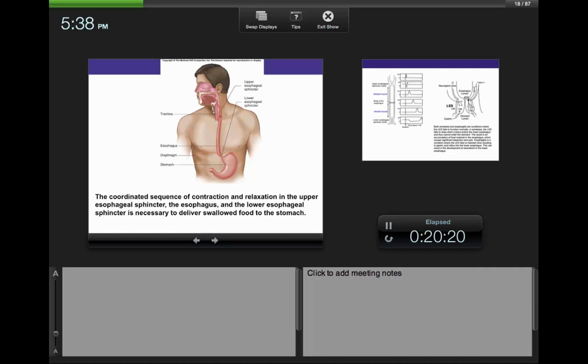And to be honest, the esophagus really is just a tube that transports food from A to B. That's pretty much it. There's no absorption, there's no secretion. It's really just motility, movement, peristalsis that moves food from A to B.